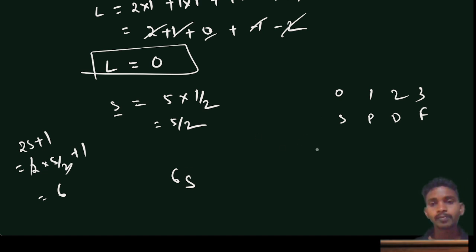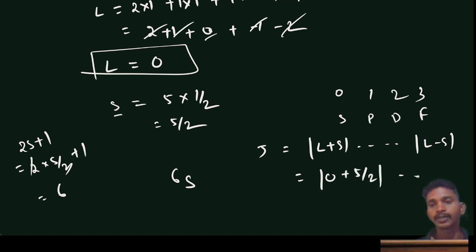Now we want the term symbols. For term symbols, J goes from L plus S down to L minus S. This is the J value, the spin-orbit coupling. Here the L value is 0 and the S value is plus 5 upon 2, and also 0 minus 5 upon 2.